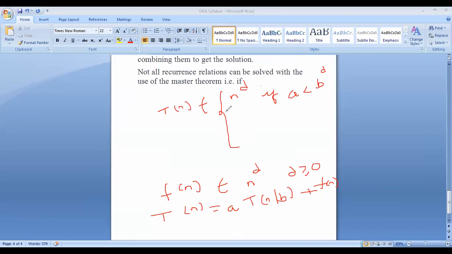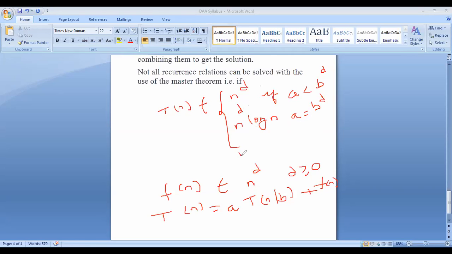T of n belongs to n power d if a is less than b power d, and T of n belongs to n power d log n if a equals b power d. So in this case, T of n is n log n when a equals b power d.